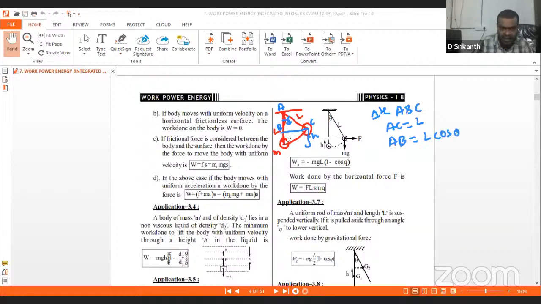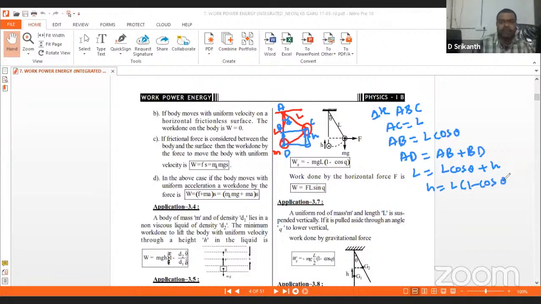This point I am considering as D. So AD, I can write as AB plus BD. AD is the total L, and AB is L cos theta, plus H, which is BD. So H is equal to L into 1 minus cos theta.